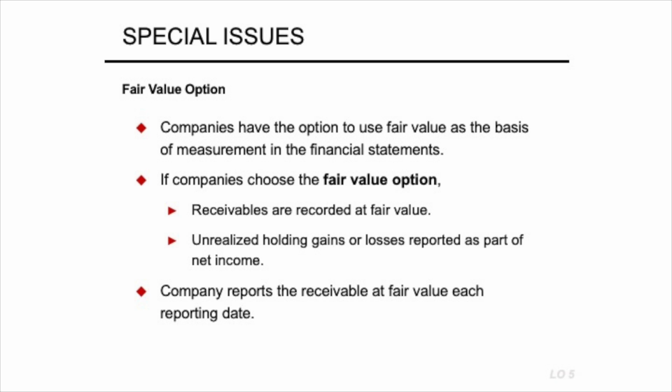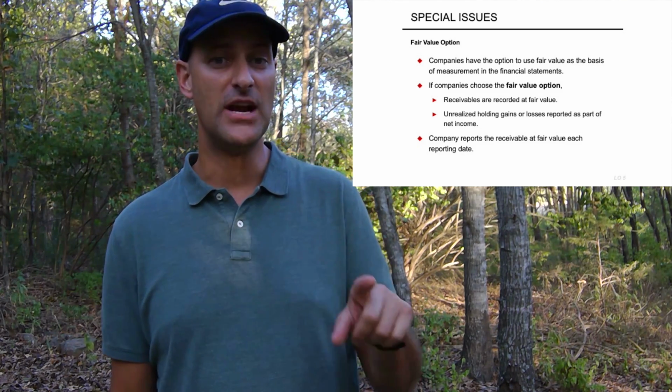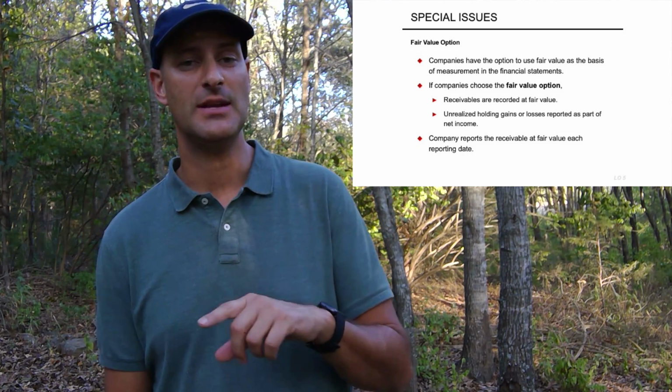Now, one thing to keep in mind, there is a fair value option. This is relatively newer, where a company can choose to record their receivables at fair value. Fair value is in contrast to net realizable value, which is how they're typically recorded. The companies have the option to use the fair value as the basis of measurement in the financial statements.